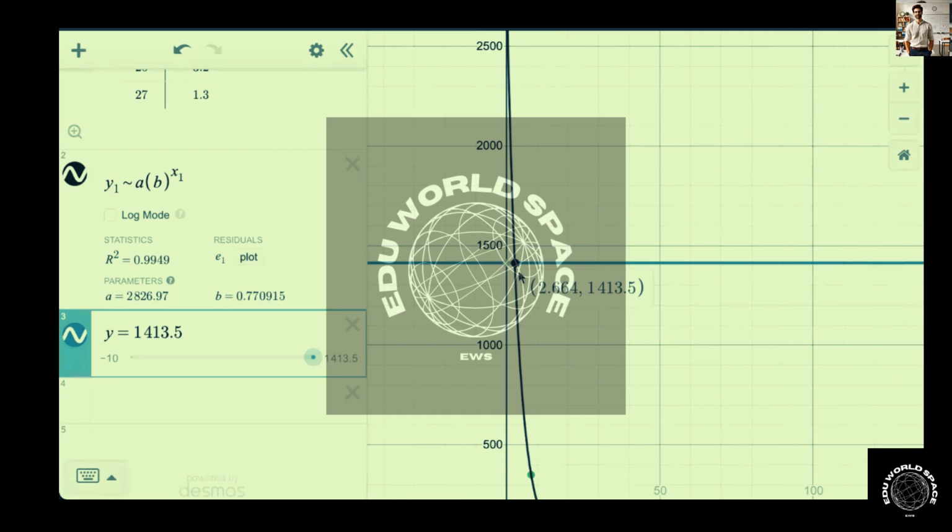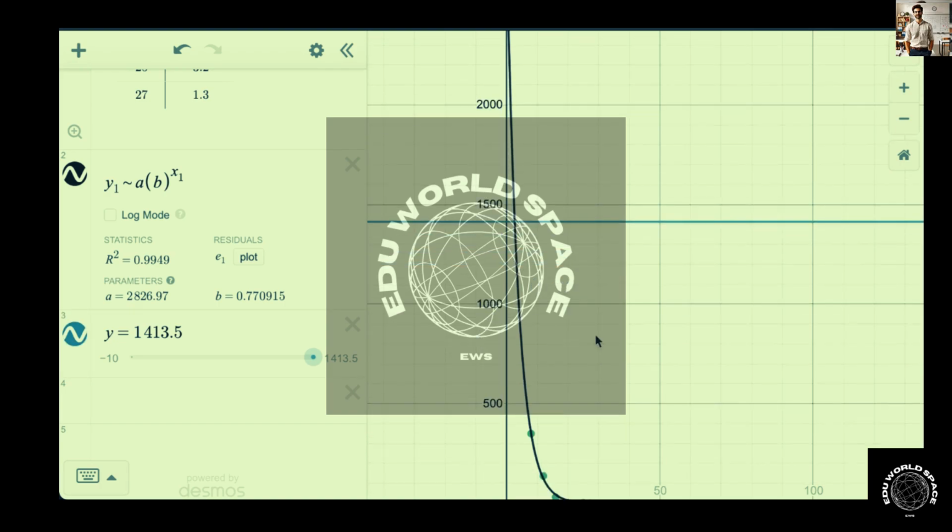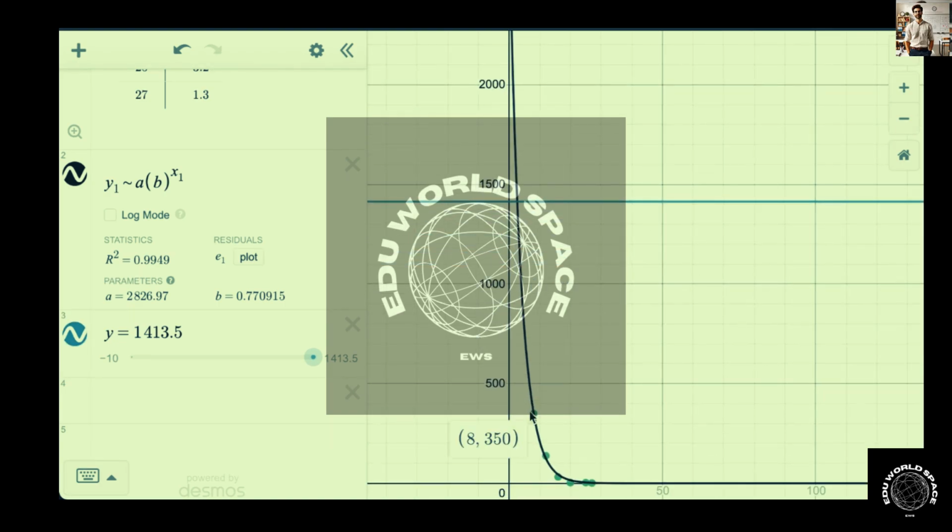So every 2.664 years, or about 2.7, depending on how you approximate, it keeps losing half of its value.